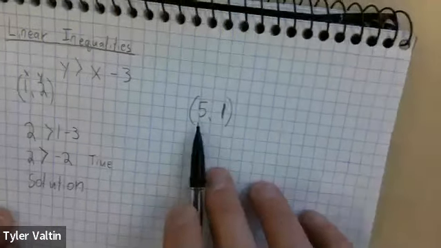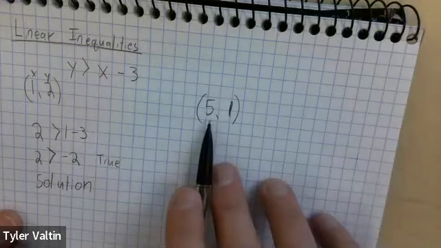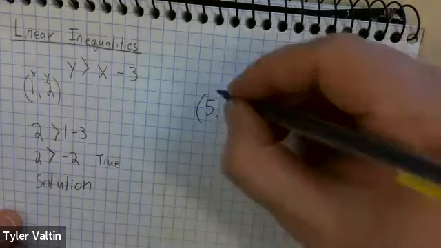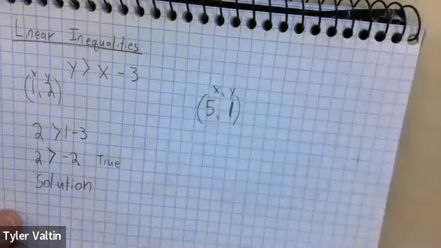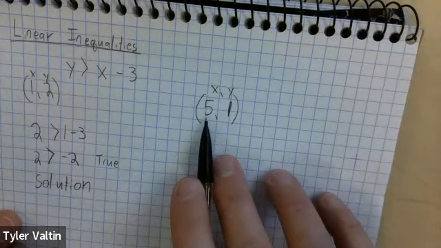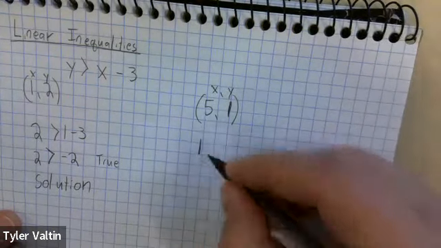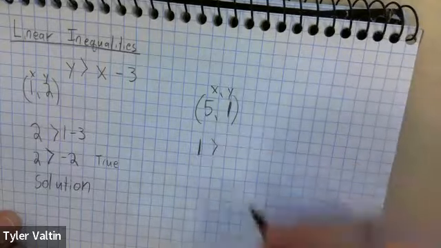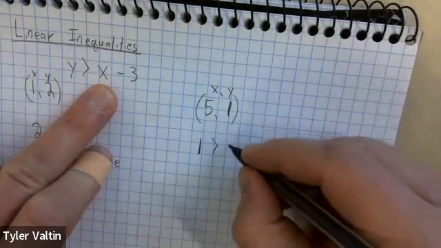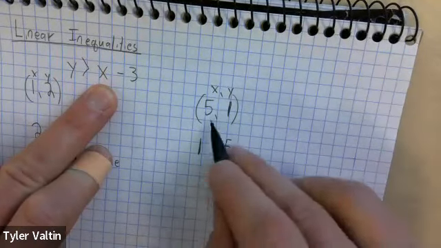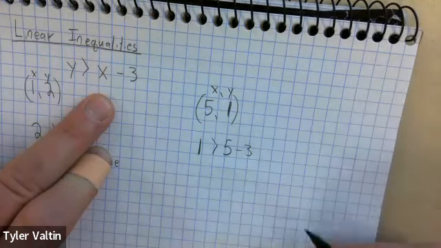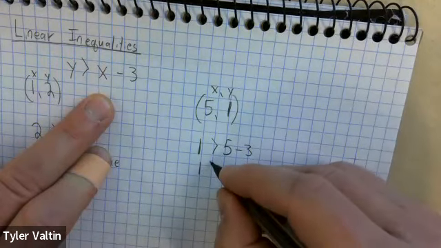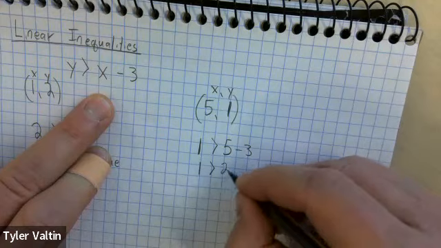Let's do the same thing with the same inequality, but we're going to use the point 5, 1. Remember, this is x, this is y. I'm going to plug in 1 for y is greater than x. In this case, it's 5, plugging in 5 for x, minus 3. Cleaning this up, 1 is greater than 2.